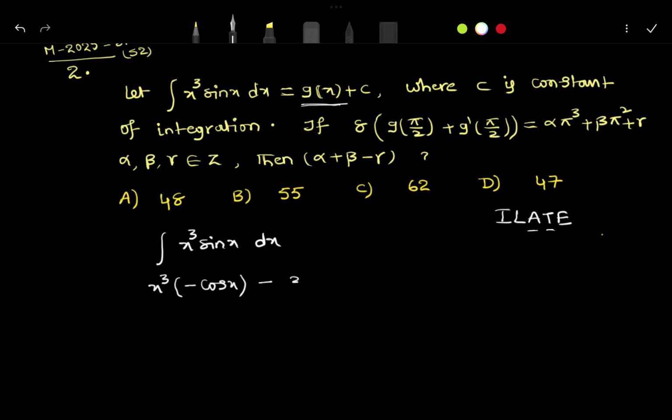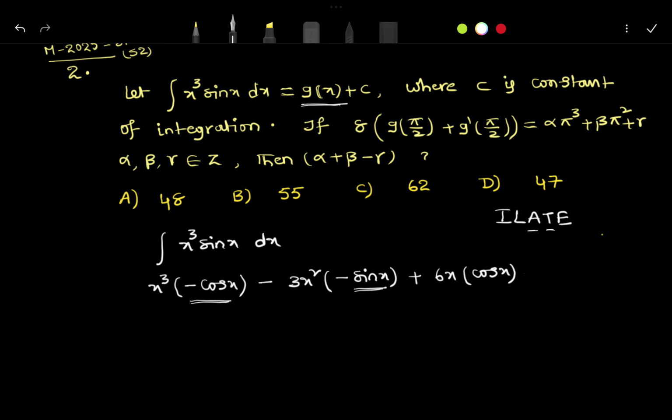The derivative of x cube is 3x square into again the integration of minus cos x, that will be minus sin x. And next plus, the derivative of 3x square is 6 into x into the integration of sin x. Integration of sin x is minus cos x. Minus into minus is plus cos x.